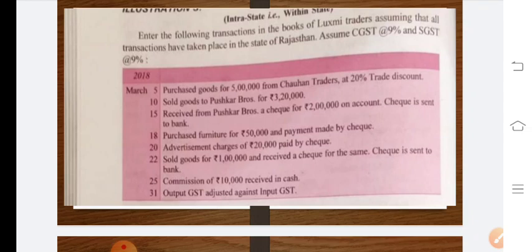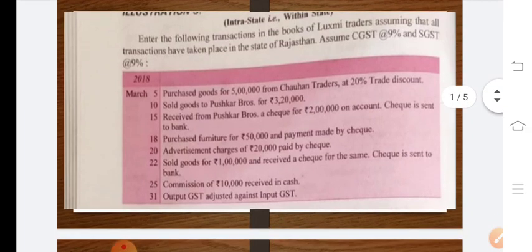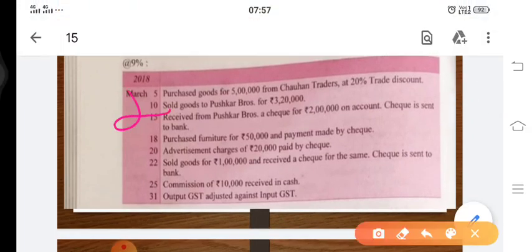Now since output GST is payable to government, what we'll do is we'll subtract input from output.